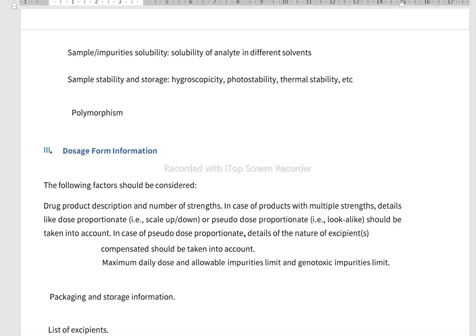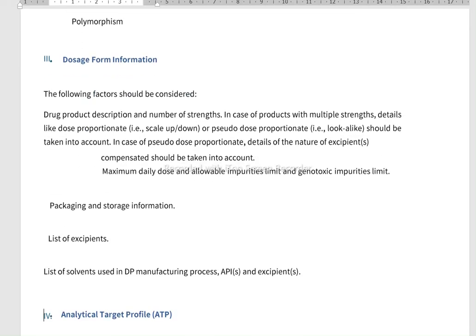In case of pseudo dose proportionate, details of the nature of excipient compensation should be taken into account. Maximum daily dose, allowable impurity limit and genotoxic impurity limit, packaging and storage information, list of excipients, and list of solvents used in the drug product manufacturing process, API, and excipients.